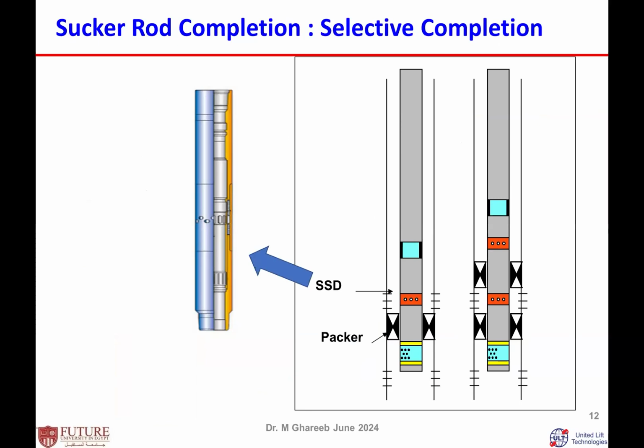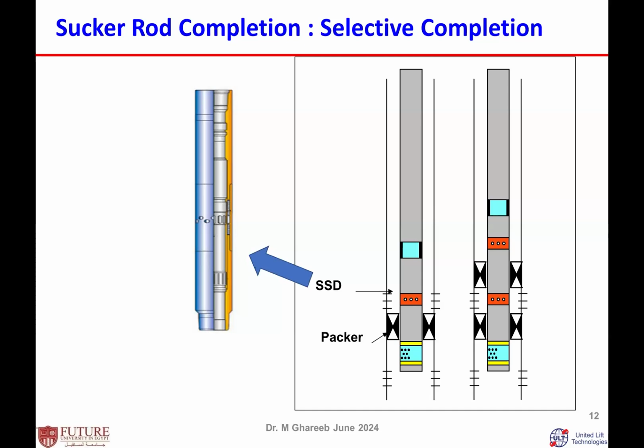Not only that, since this type of artificial lift is very flexible, sometimes people are producing from more than one zone, and even the zones should not be produced commingled. Sometimes you want to produce each zone separately from the other, because one zone was high pressure and one zone was low pressure. Some people, and I know some areas, run what you call a selective completion.